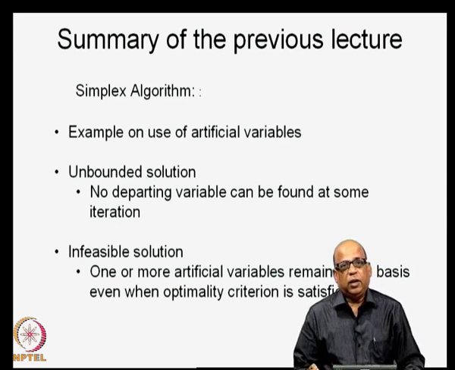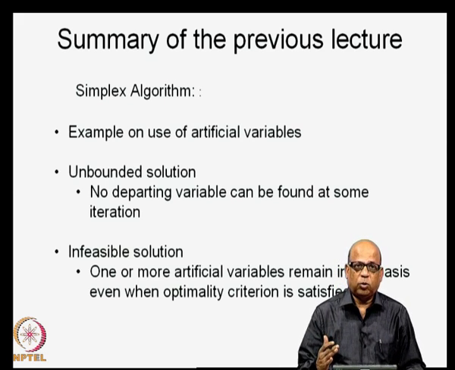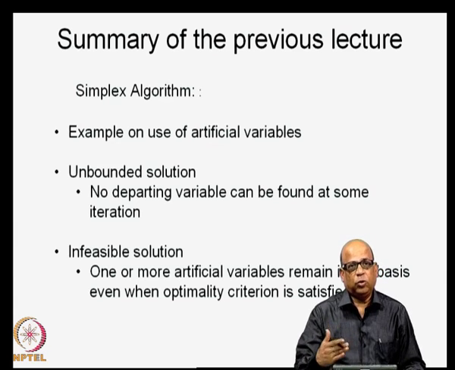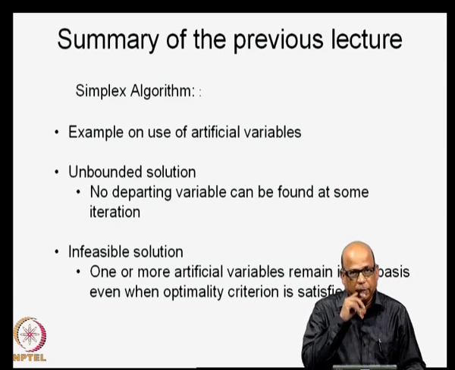Then we went on to identify an unbounded solution. We identify an unbounded solution when the optimality criterion is still not met, which means that improvement in the objective function is possible, but we are unable to find a departing variable in the basis.